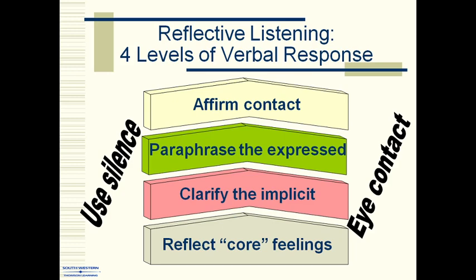So for that, we need to maintain a very good feedback schedule, or very good reflections. And next is to reflect the core feelings and clarify the input, so that you can attain the goal of an organization.